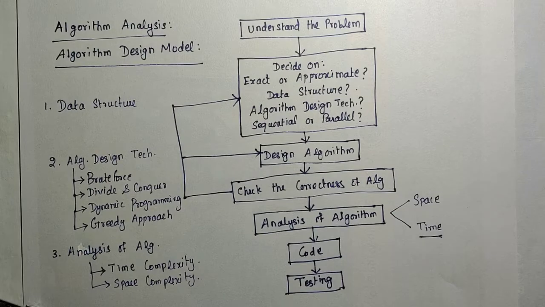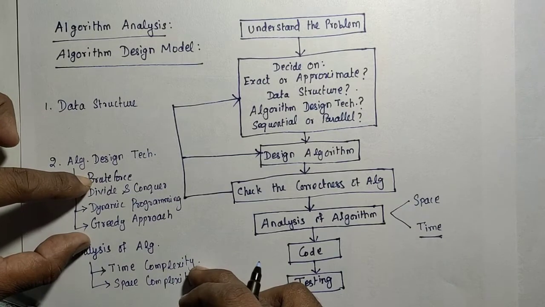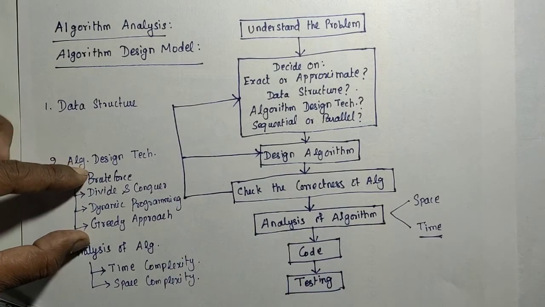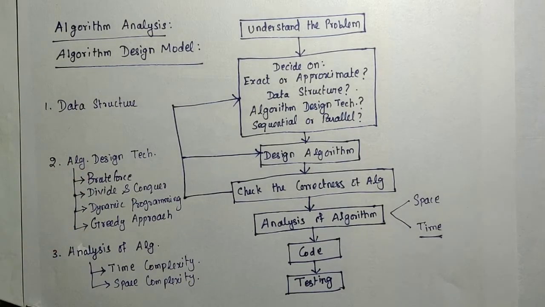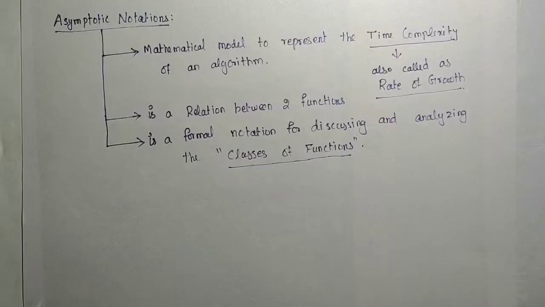We are going to learn how to mathematically prove the time complexity of an algorithm. After that, we will look at the different design techniques. So now we'll go for analysis of algorithms, how to estimate the time complexity of an algorithm.